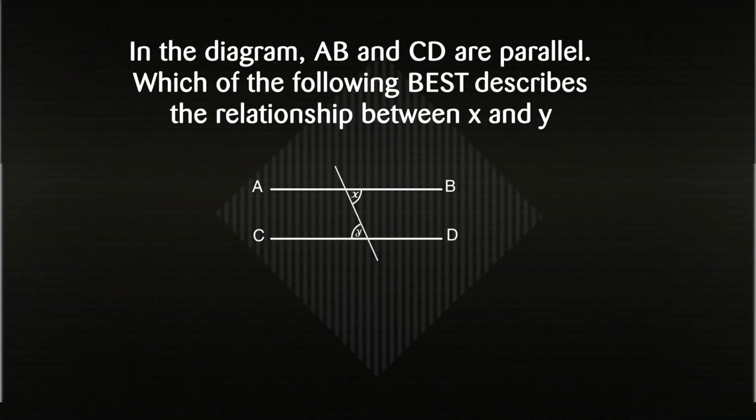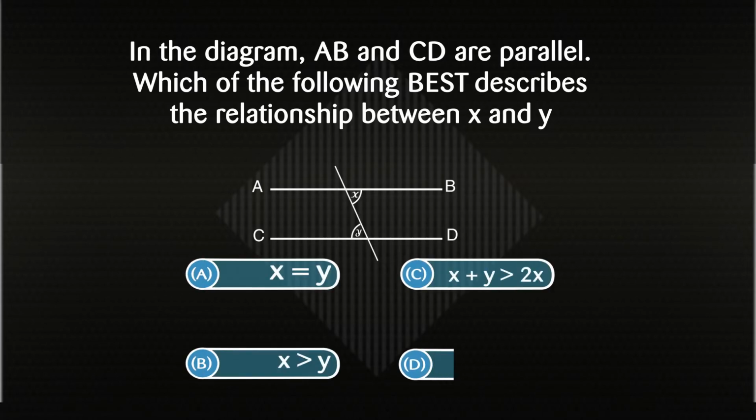In the diagram, AB and CD are parallel. Which of the following best describes the relationship between X and Y?